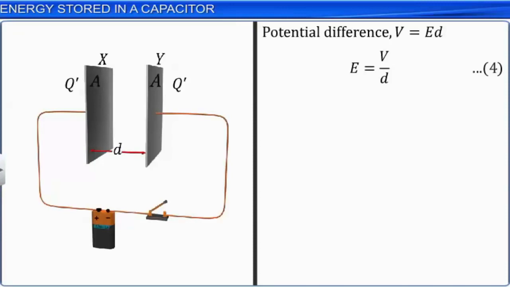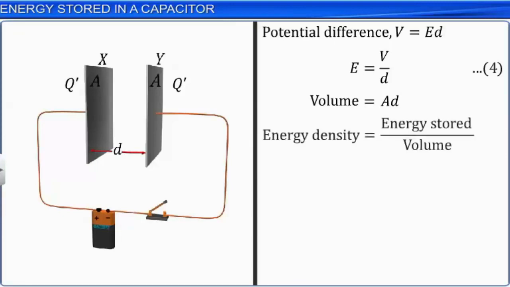The electric field fills the region between the plates, and this region has a volume equal to area A into distance D. The energy density is defined as energy stored per unit volume. Therefore, energy density is equal to the energy stored by volume.